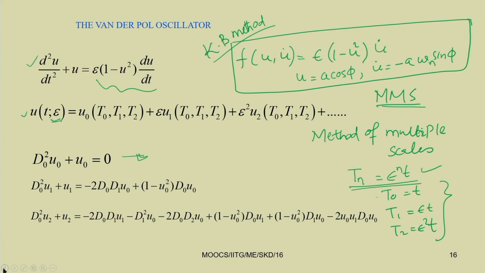In today's class we have discussed different types of damping present in physical systems. For example, we started with viscous damping, then we took negative damping, then Coulomb damping also we discussed, then both Rayleigh damping and van der Pol oscillators also we discussed.